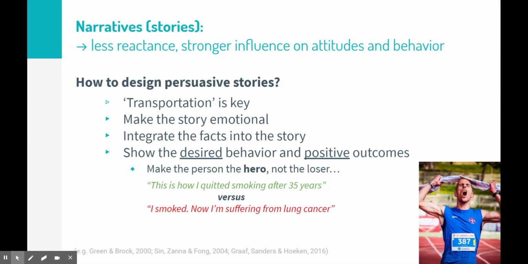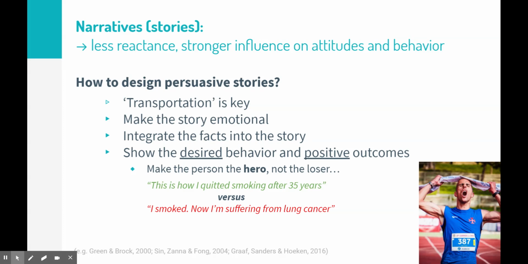On the other hand, when people read or watch a story and they really get transported into it, they are much less likely to become resistant. So, integrating your persuasive message into a story, for instance, about how someone made a health transformation, will make people much more open towards your message.